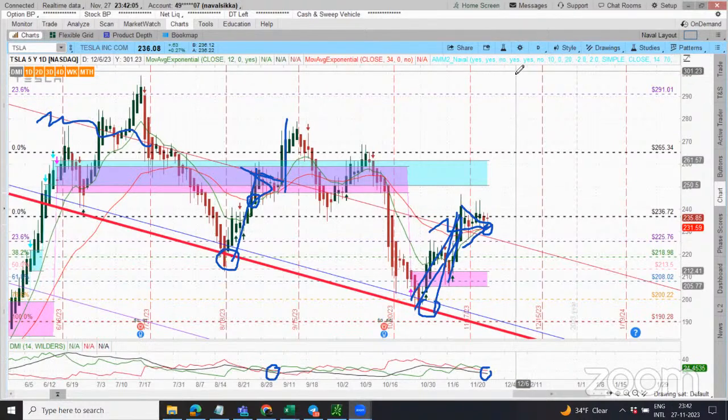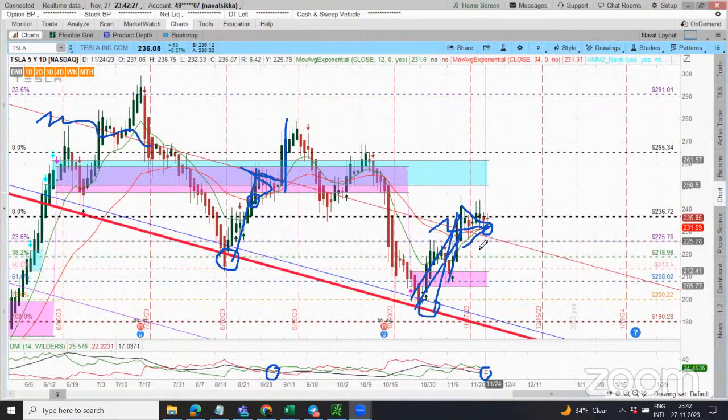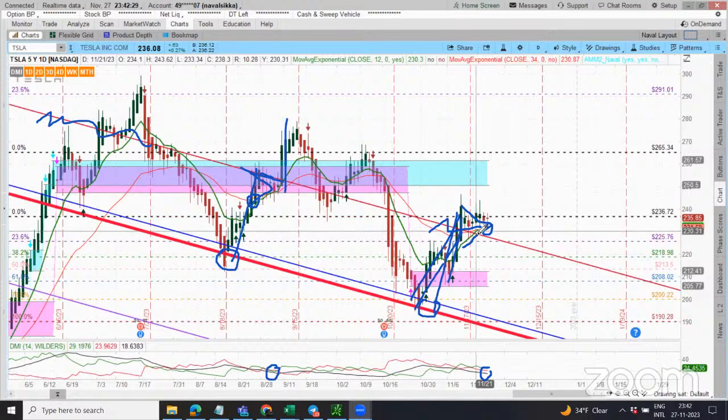But Naval bhai, one small quick question. Can we consider that as a really quick move? Last time also, it only did a gap up, and then we need to see how that gap up holds, because it has been making lower highs and lower lows, right? That's why it is consolidation. It's backtesting the 12 and 34.